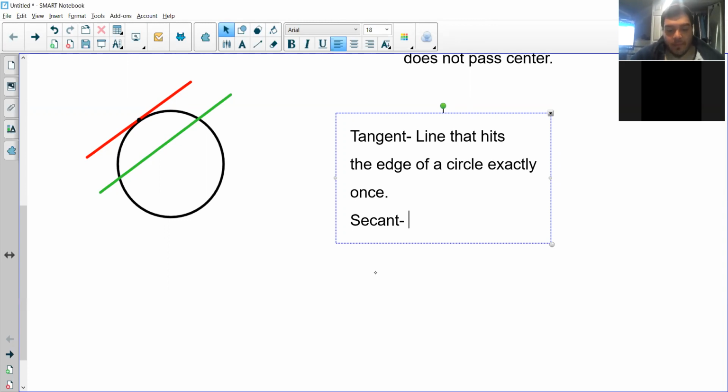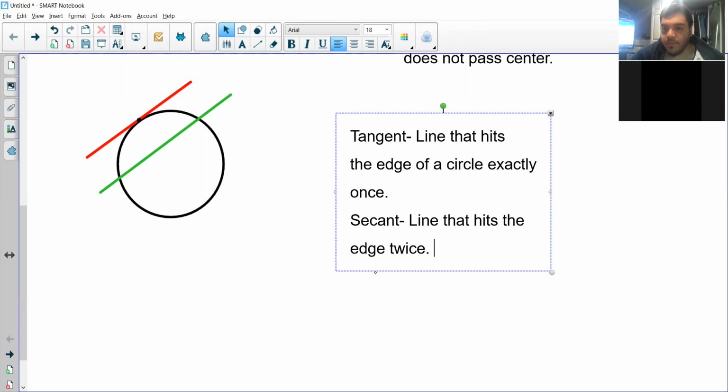So secant: a line that hits the edge twice and continues outside the circle.